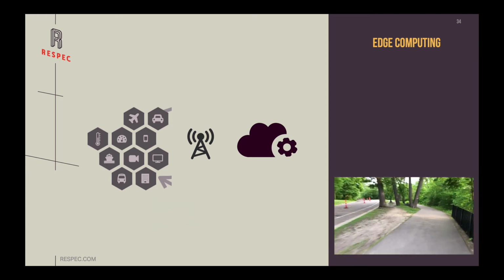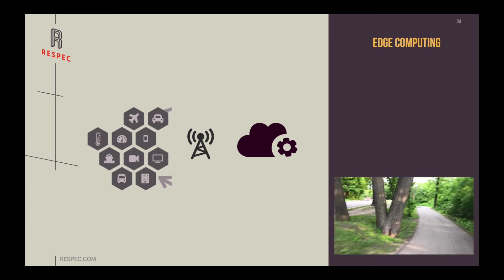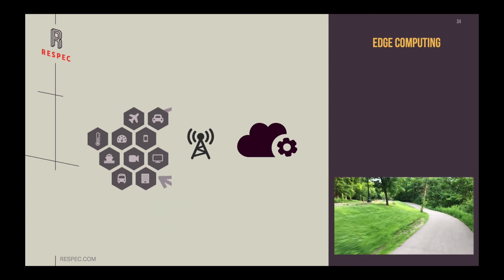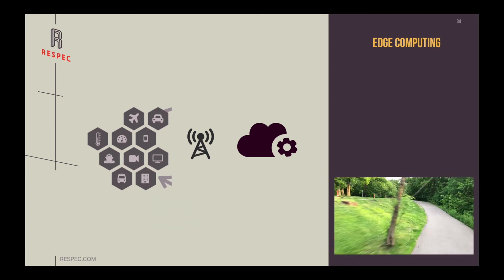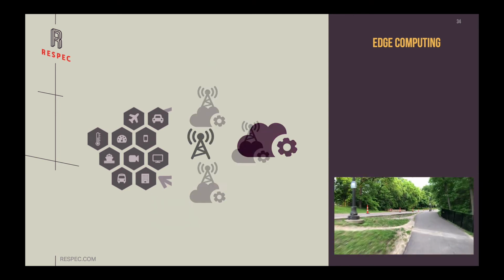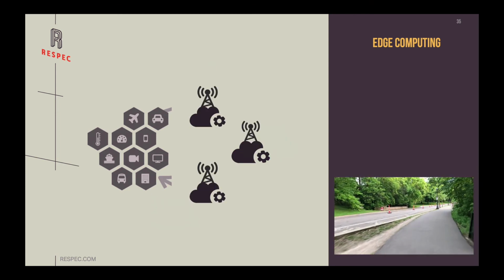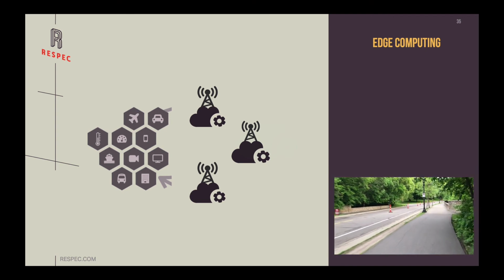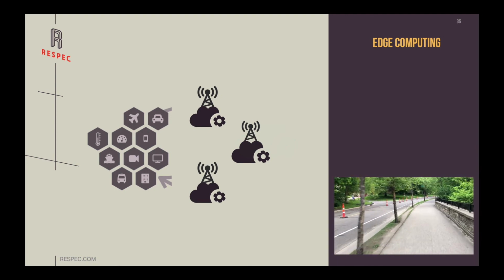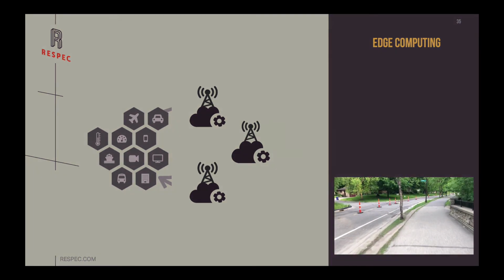And so, whereas in the past this communication network really served just to transit data back and forth between our devices and the resources that needed to consume that data located in the cloud, these communication nodes themselves now really become fully enabled computational resources.